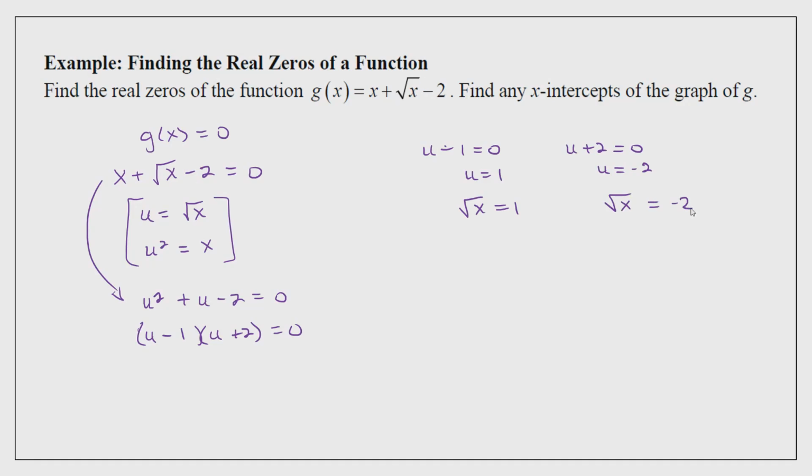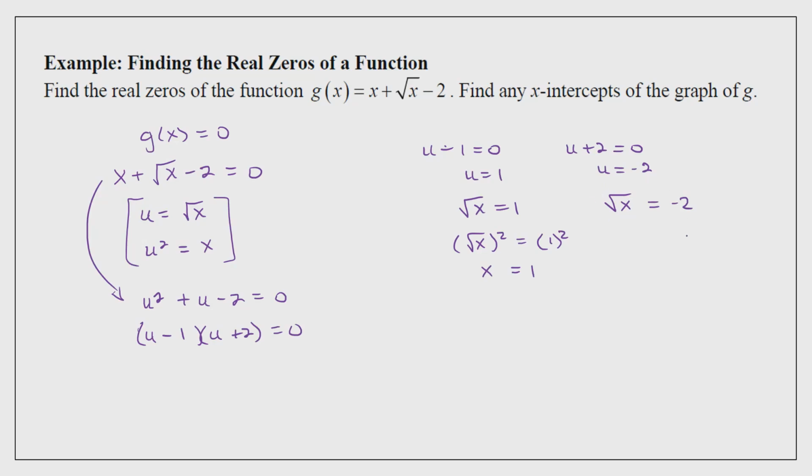So to get x by itself in the first equation here, we are going to square both sides. So the square root of x squared and 1 squared will be x equals 1. Then the square root of x equals -2.